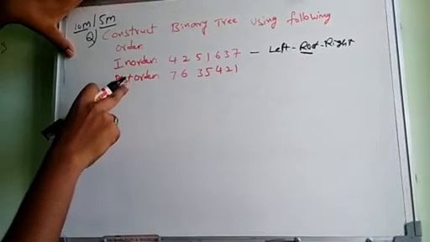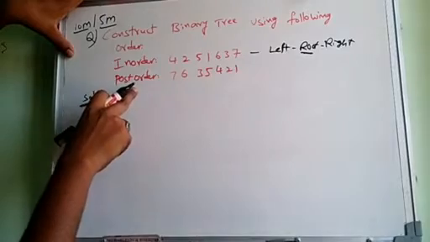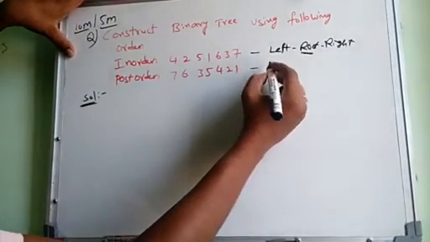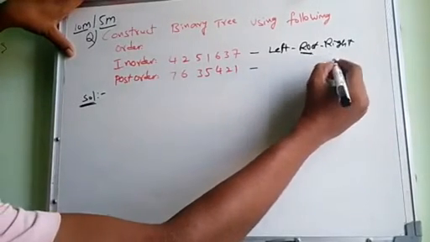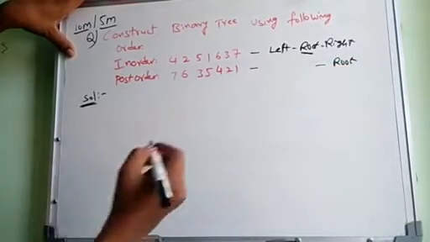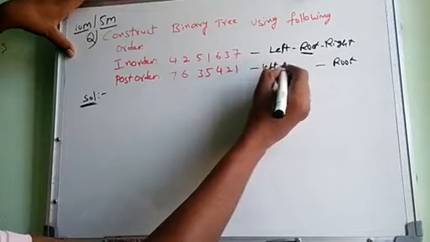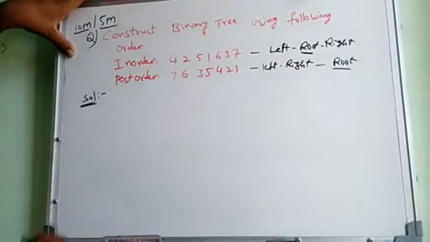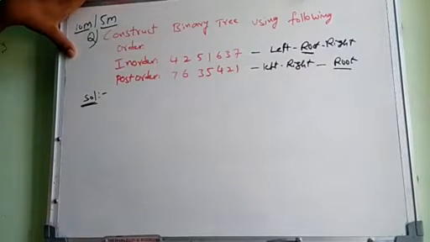That's why we take support of pre-order and post-order. Using post-order, it is easy to find the root, because in post-order the root is present at last, after left and right. So that's why you choose post-order to find the root, or parent, of the tree.